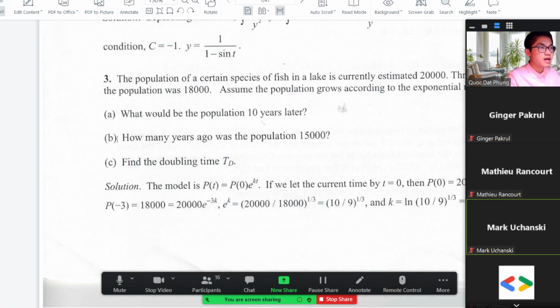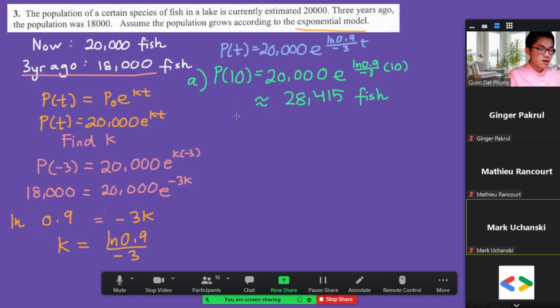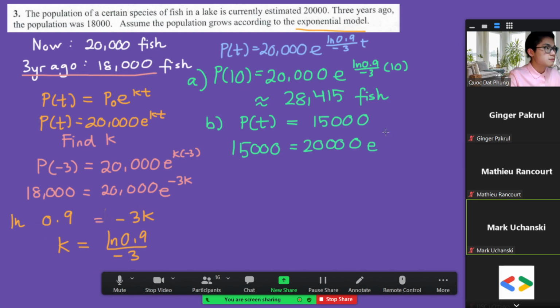So question B says, how many years ago was the population 15,000? That's basically saying we have to find t, where the value of t put into here will give you 15,000. So using this formula, we can just replace that value with this. We divide both sides by 20,000.